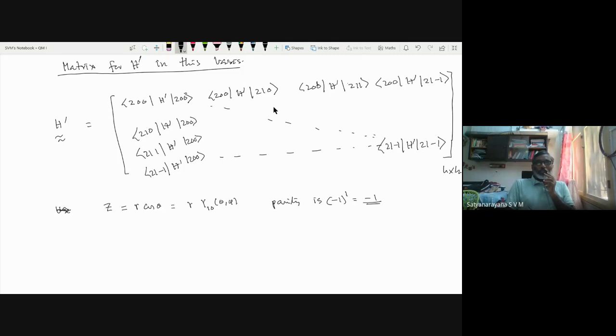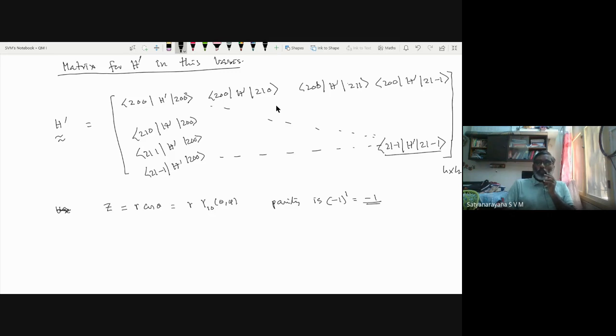So this term will be 0, 211, 200. There will be only some 4 terms that will be non-zero.